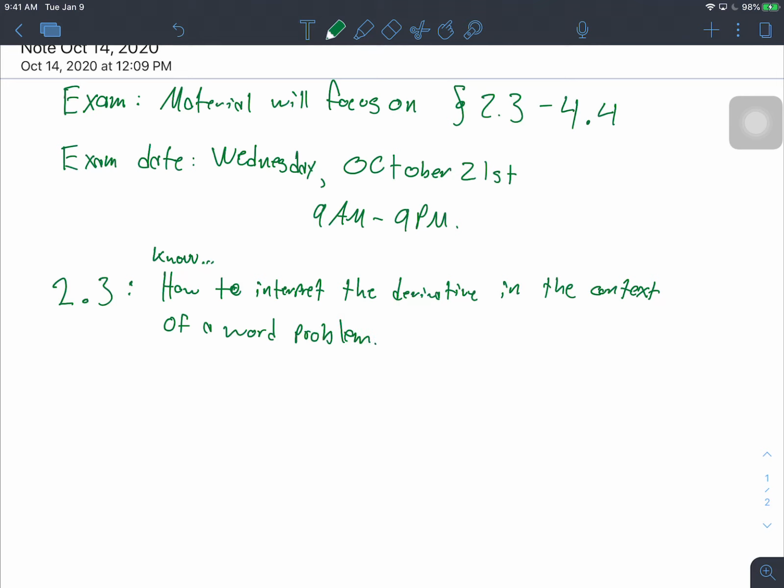Again, most of the problems on the exam are going to be word problems, so I would really make sure that you know how to do this. Okay, so that's one thing that you need to know from this chapter.